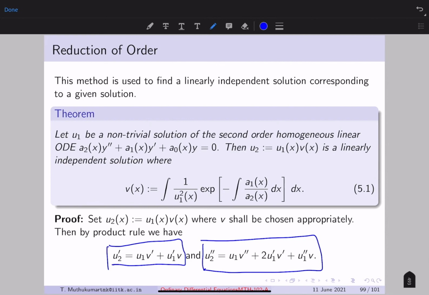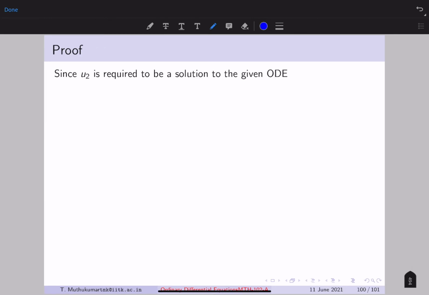Now use this. So we want U2 to be the solution of this ODE. We require U2 to be the solution of the given ODE. So we want A2 U2 double prime plus A1 U2 prime plus A0 U2 to be 0.